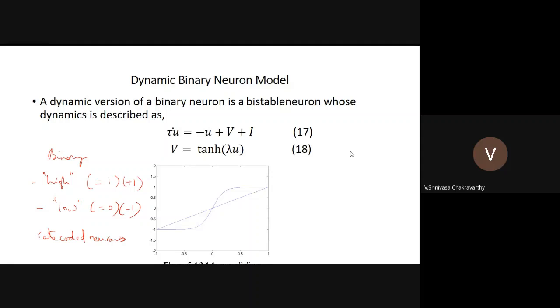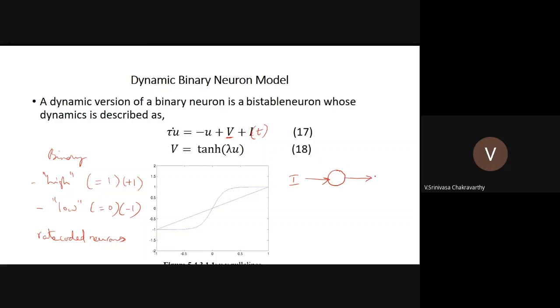A simple example of a binary neuron model is given by these equations. Tau u dot is equal to minus u plus v plus I, and v is given as tanh of lambda u. So you can think of it as a neuron model where the input is the external current I, which is a function of time.